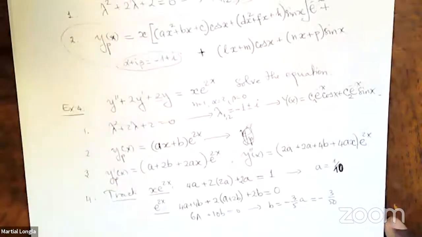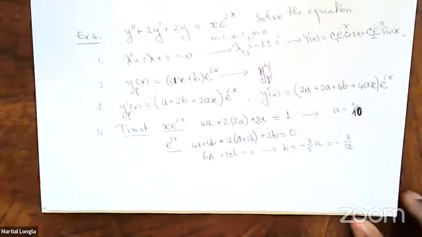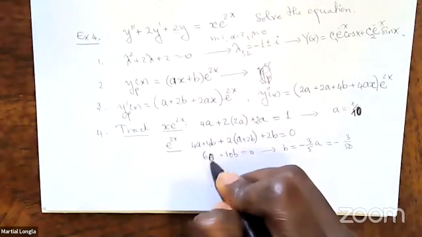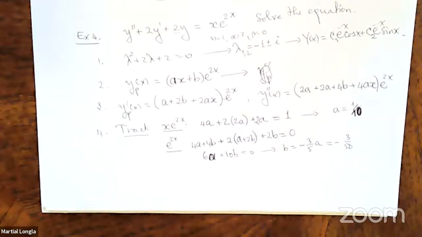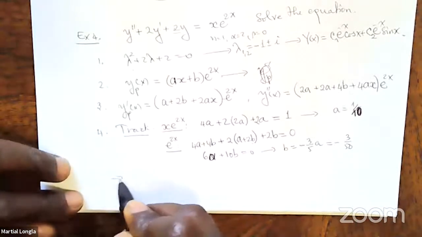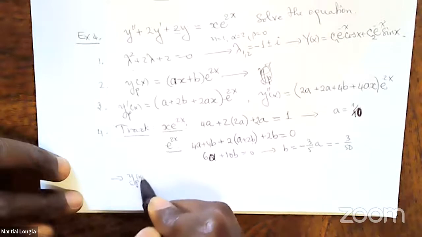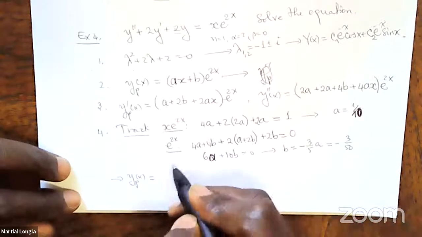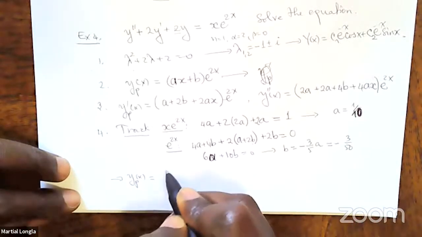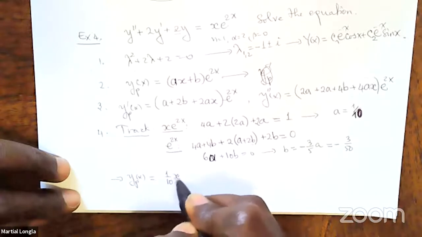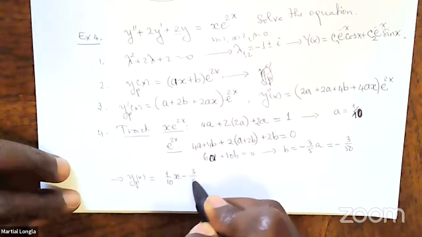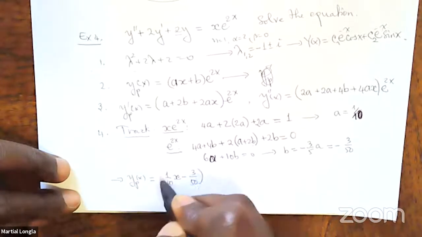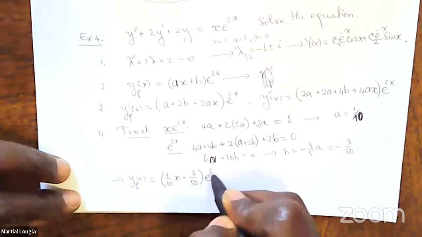So you got your a and your b. I don't know why I wrote a capital A here. So you got your yp of x equals 1/10 x plus minus 3/50 times e to the 2x.